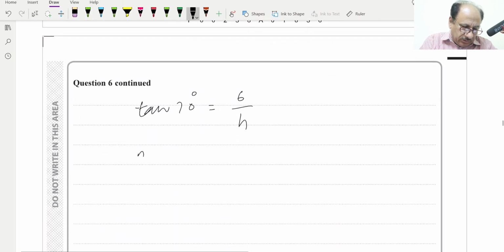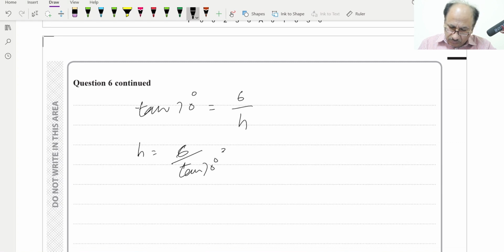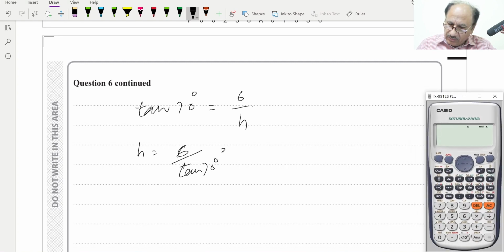This will be h is equal to 6 over tan of 70 degrees, and this value, with the help of calculator, we can check. 6 divided by tan of 70 degrees, we have to put a bracket over here, and this will be equal to 2.18.